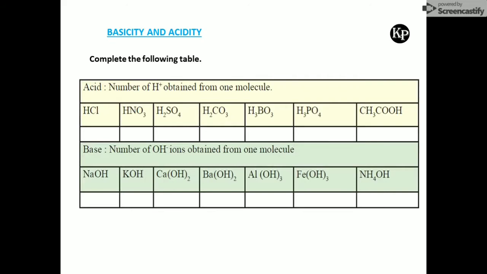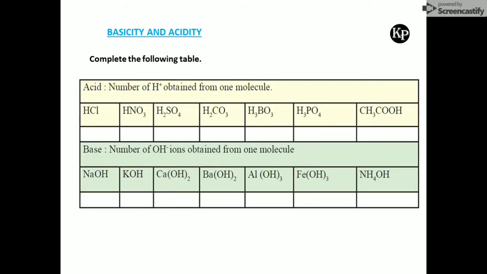In HNO3, one H plus is obtained. So we have to write only the number of H plus present in that particular molecule. In the same way, in the case of bases, we count how many OH minus ions are obtained from that molecule.